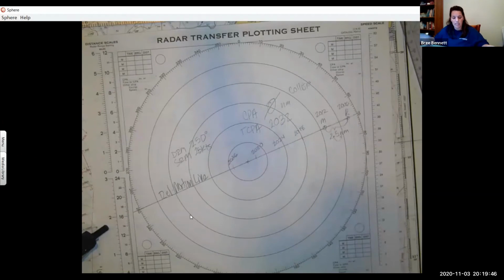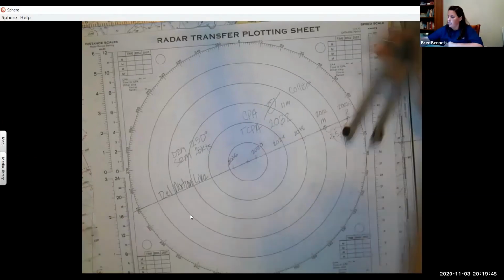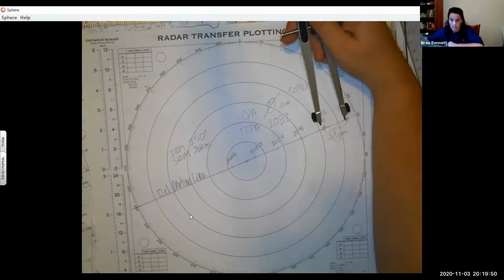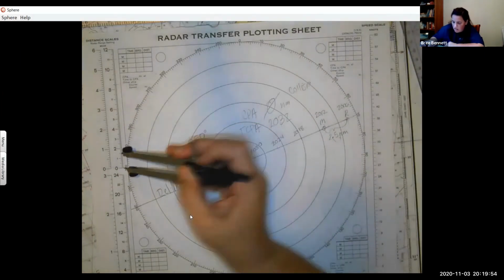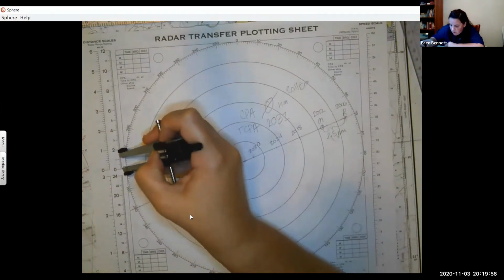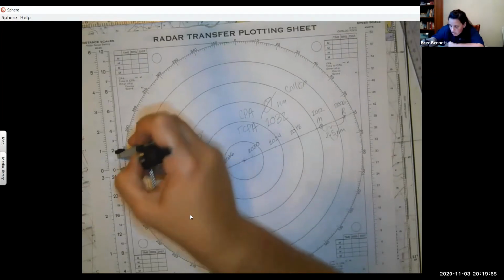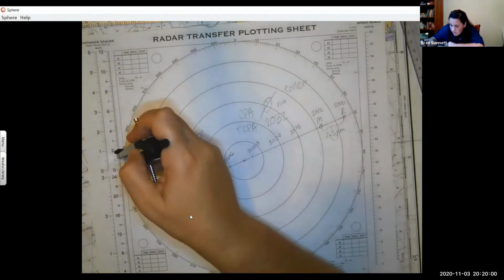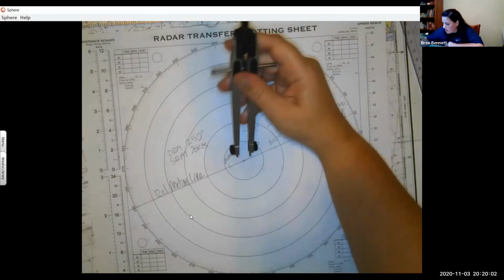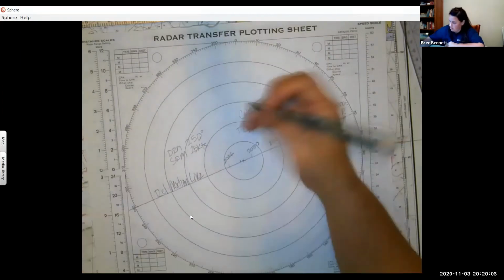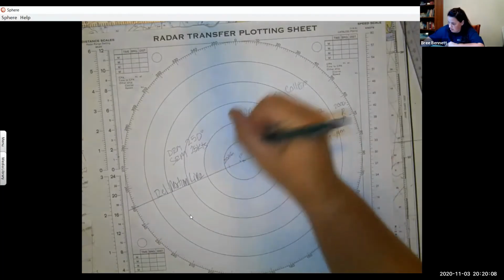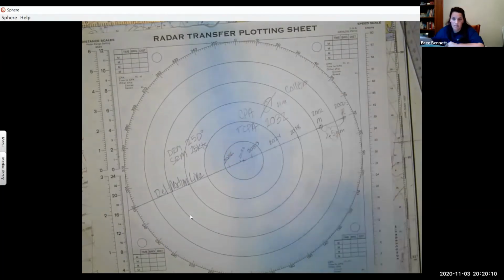And if you want to be even more accurate, this was 2.5. You can half that, so 1.25, if you will, and get a 3-minute mark, 2033.